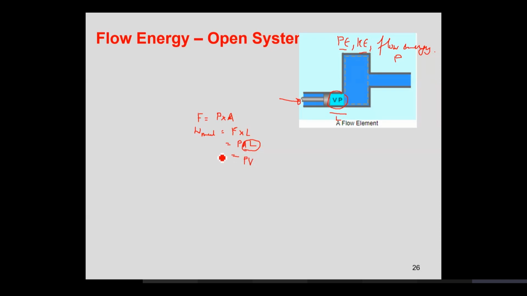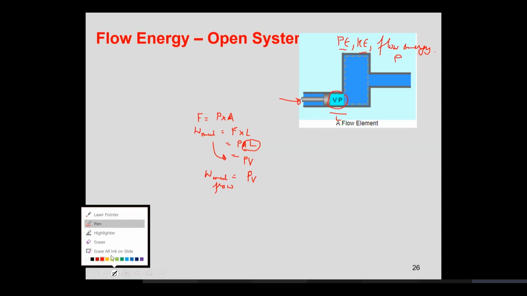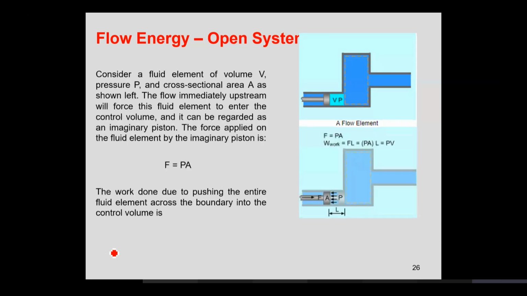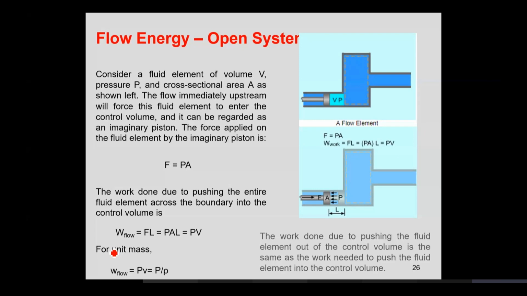So PV is the mechanical work which is associated with the flowing fluid. And if I express this work per unit mass, W mechanical small, which is flow work, it would be pressure multiplied by the specific volume. This is what we have already learned in our chapter 2, and you have already seen this slide before.